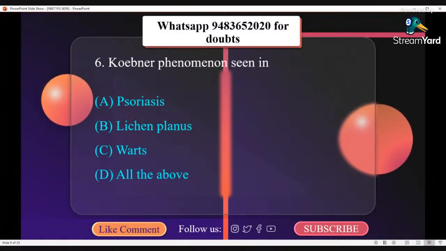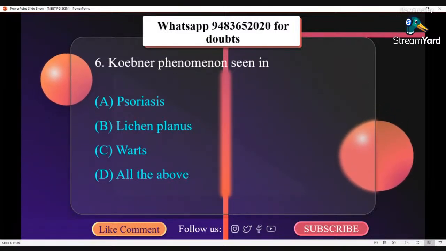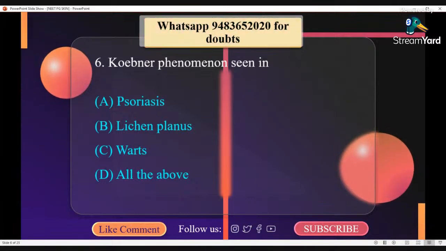So Koebner's phenomenon is seen in all of the above. So let us look at what the correct option here is.